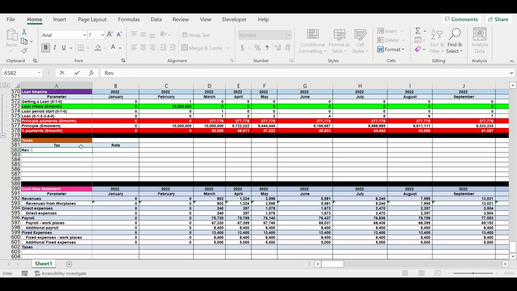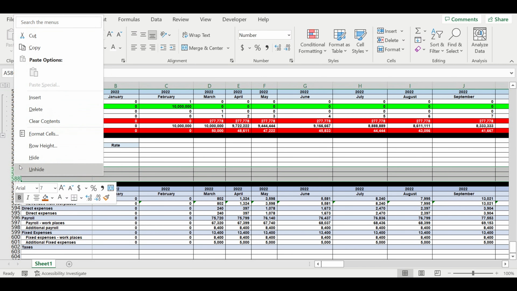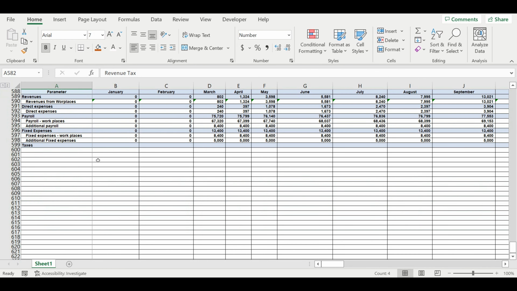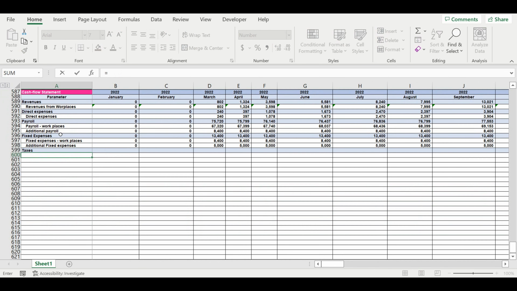Here will be revenue tax, payroll tax, then profit tax, and asset tax, for example. So I will place taxes here.